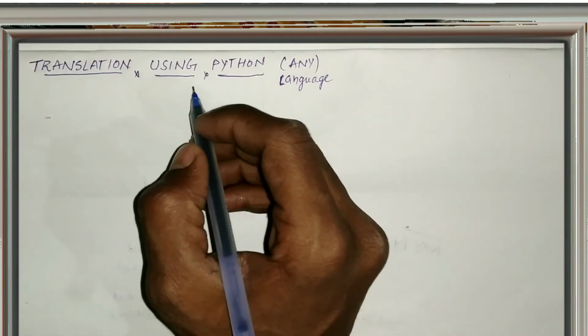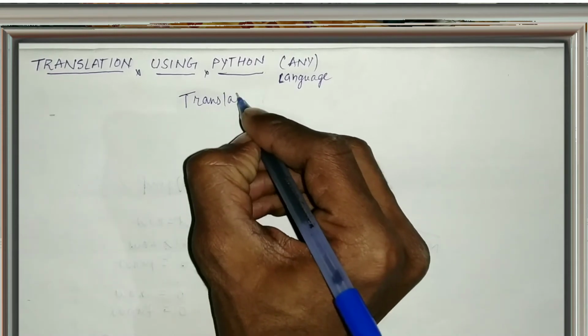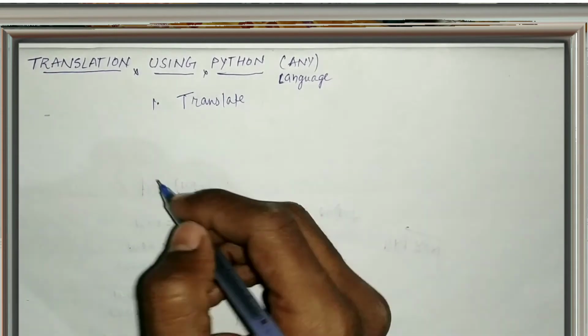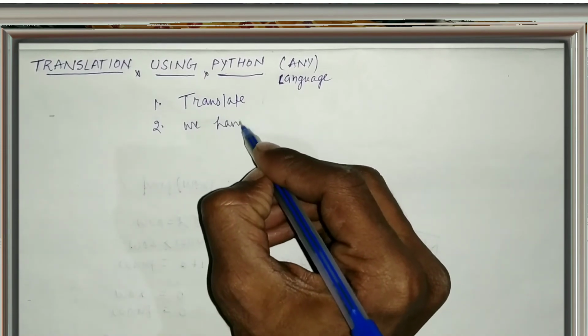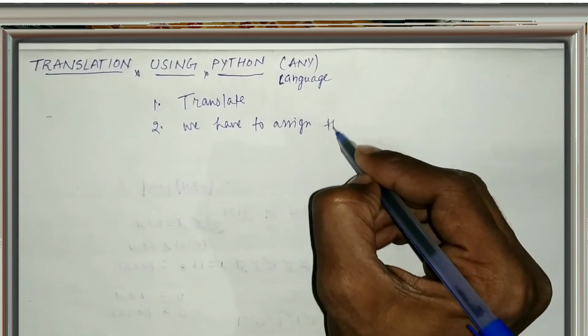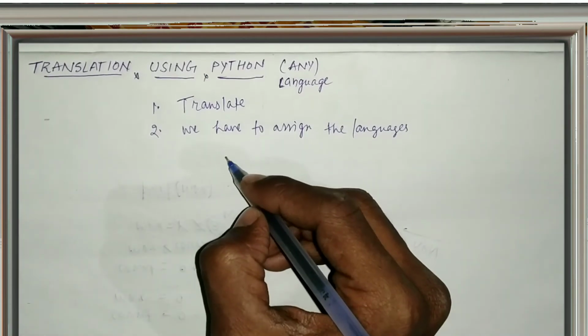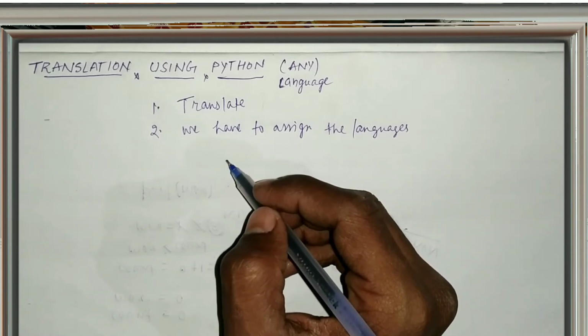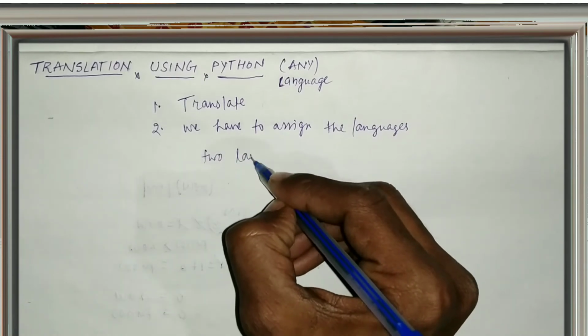So first we need a module called translate for translation. Second, we have to assign the languages from which we can change one language to another. That is, we have to mention two languages.